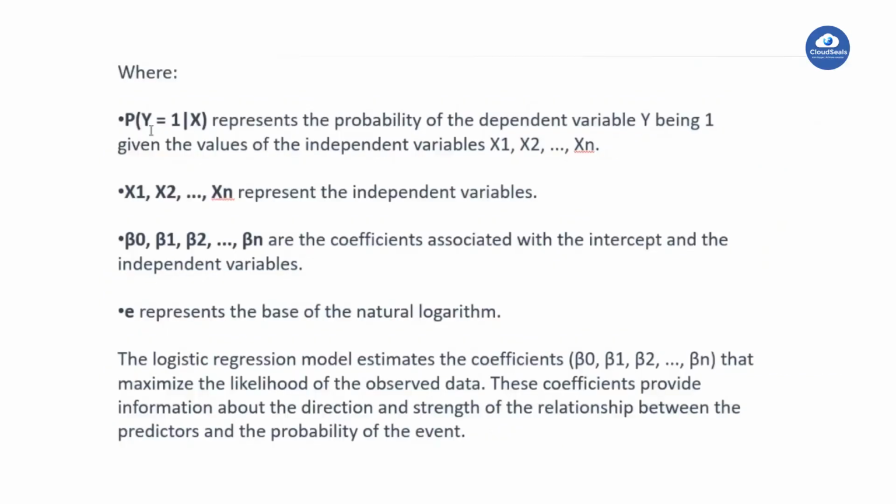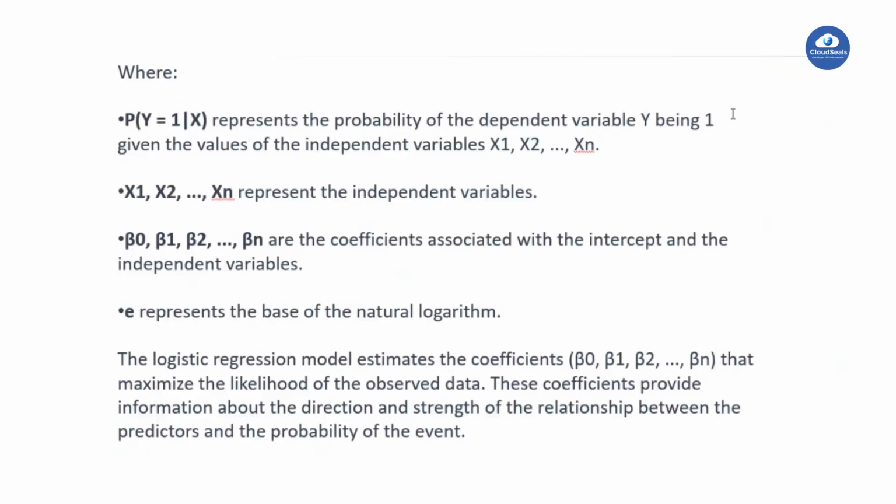Here, probability of y equal 1 given x represents the probability of the dependent variable y being 1. 1 means whether it is spam or maths or science or social, anything. What is the probability that the given independent variables relate to a particular class?